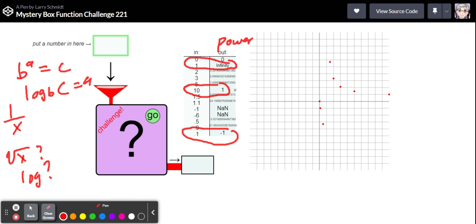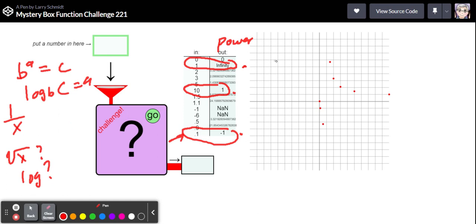That's the power. So this is going to be the power you'd have to raise this thing to get 10. You raise 10 to the first power and you get 10. So that fits with that one, and it also fits with this one. If you put in a 0.1, what would you have to raise 10 to get 0.1? Well, that's 1/10, so you'd raise it to the -1 power. So that's fitting there. This doesn't fit with just the log base 10 of x, but it does fit with a rational function.